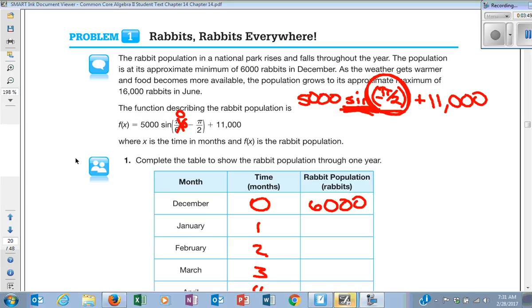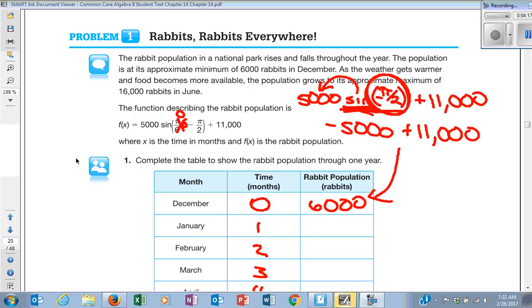So you're going to hit the sine key. And when you hit the sine key, what pops up? Negative 1. Now you are going to take negative 1 and times it by 5,000. You get a negative 5,000 plus 11,000. And when you put those together, you come up with the 6,000 that we said should be there.